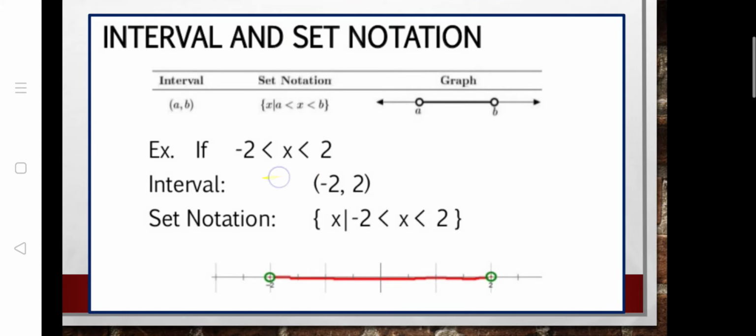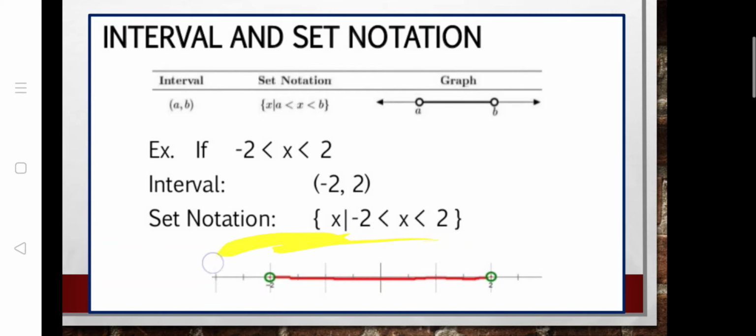There is no "or equal to" in our inequality. It is just less than. So for the interval, we have from negative 2 to positive 2, wherein they are not included. That's why we use parentheses instead of square brackets. Then in set notation, x such that x is greater than negative 2 but less than positive 2.